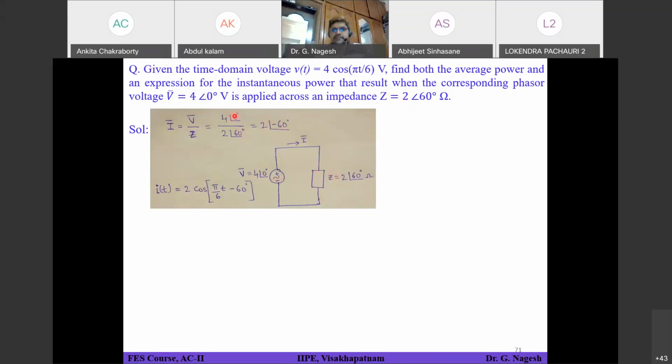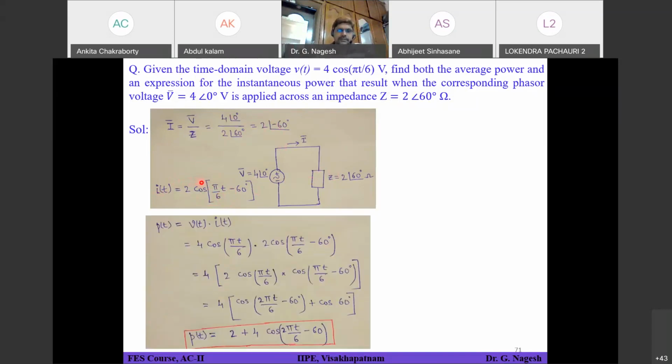If I write that as a function of time, it will have the same frequency as the voltage: pi by 6 into t minus 60 degrees, since you have a phase angle of minus 60. This is your current expression. The instantaneous power expression will be simply v of t into i of t.